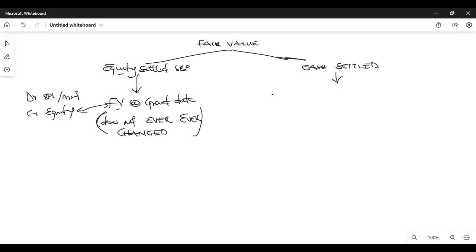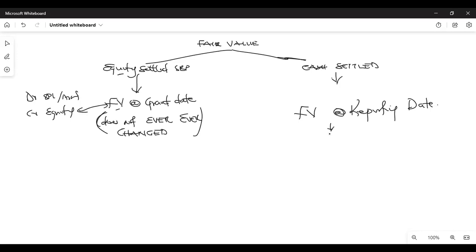That is what IFRS 13 says. So the fair value of the liability is what you need. And remember, here we use the fair value at the reporting date. It depends on the fair value at the reporting date you are preparing the accounts for.